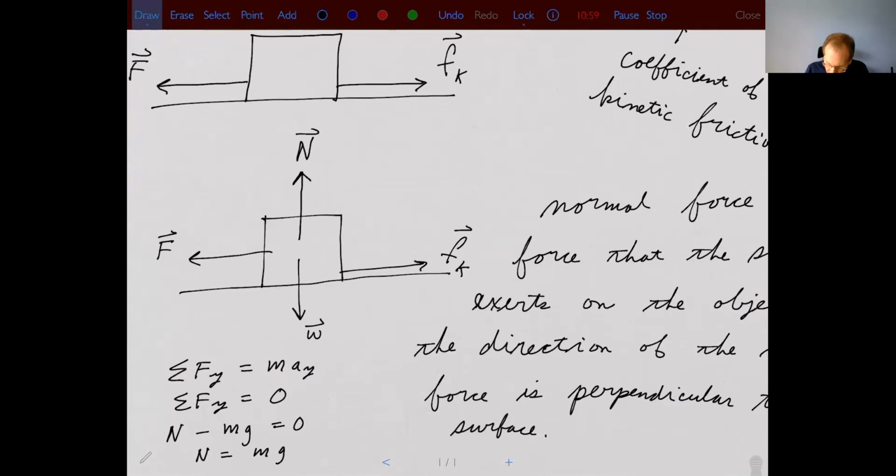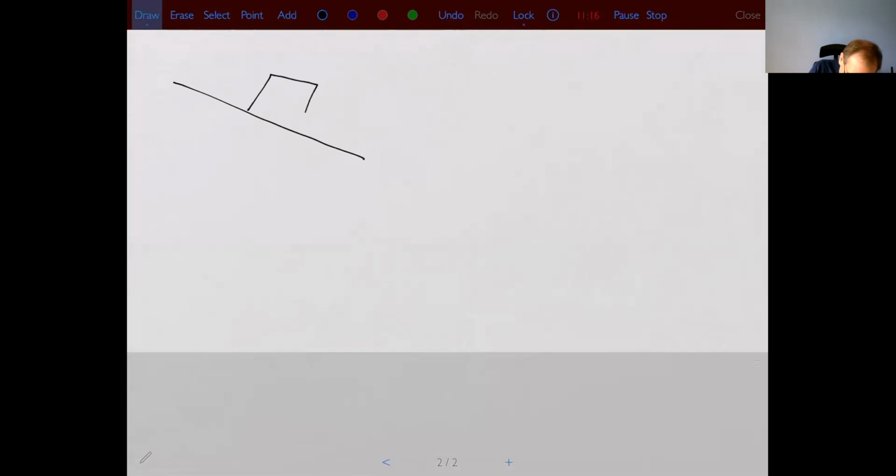Now, if you had something more complicated, let me do one, just show you. We're not going to see this in lab today, but you could have something more complicated, right? You could have something, say, on a ramp. So in this case, let's say this is my object. What are the forces acting now on the object? Well, you have the weight acting down, the gravitational force.